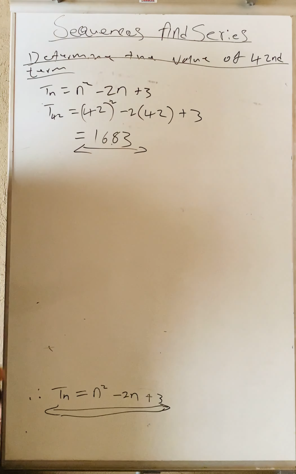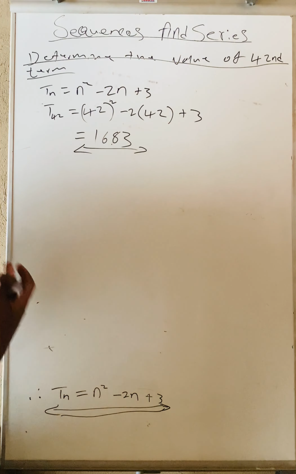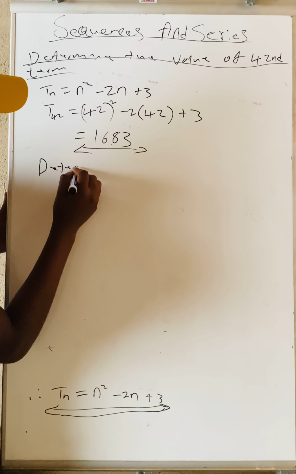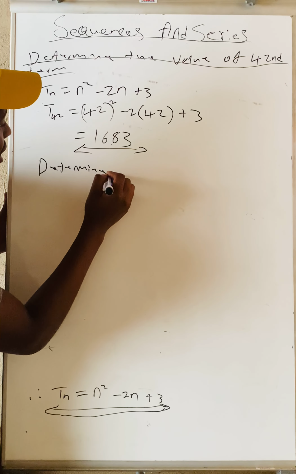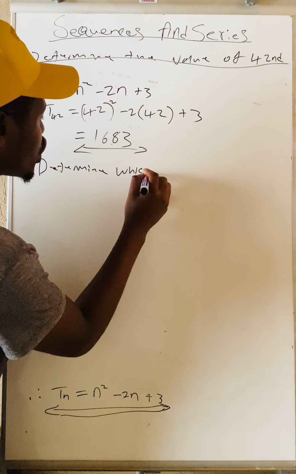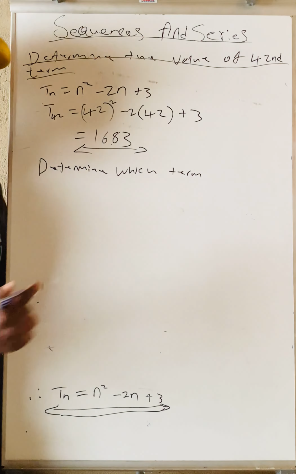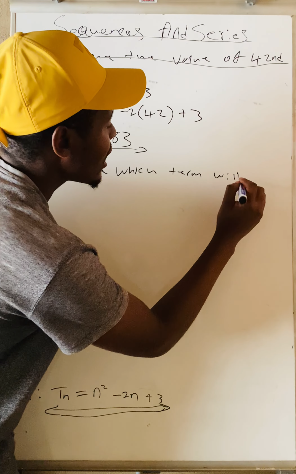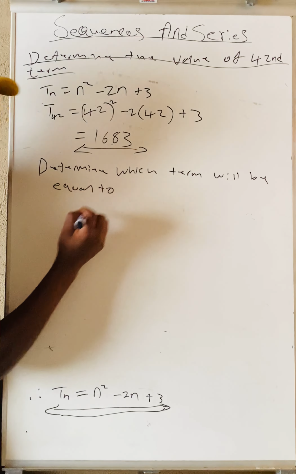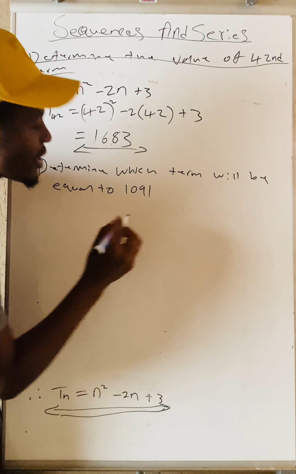Right. The other question, right? The similar question, you can say determine which term will be equal to, right, 1,091, right?